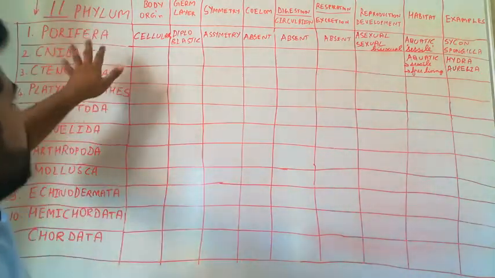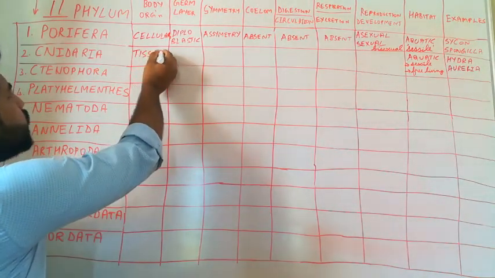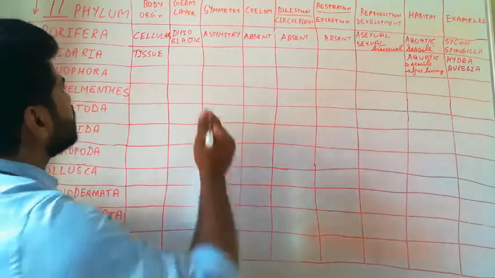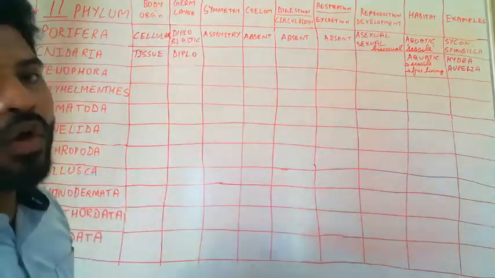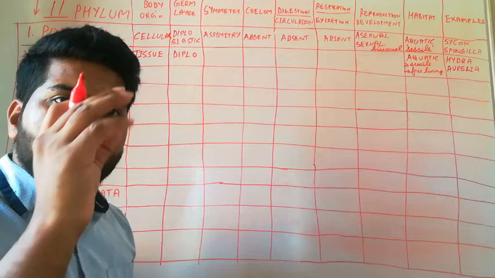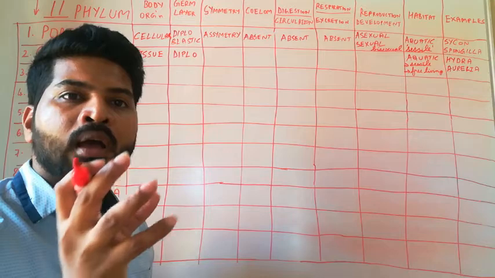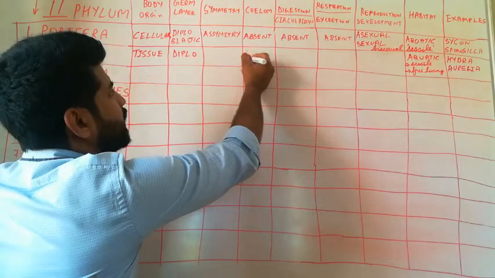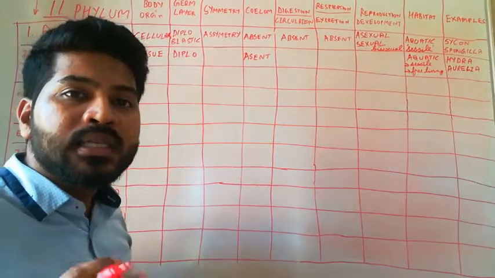Looking at the body organization, Cnidaria show the tissue level of organization. So cells are grouped into specialized tissues, and they are also diploblastic organisms, having an outer ectoderm and an inner endoderm. Inside the inner endoderm, there is a gastrovascular cavity. This should not be confused with coelom. Coelom is absent. So they have a gastrovascular cavity called the coelenteron.